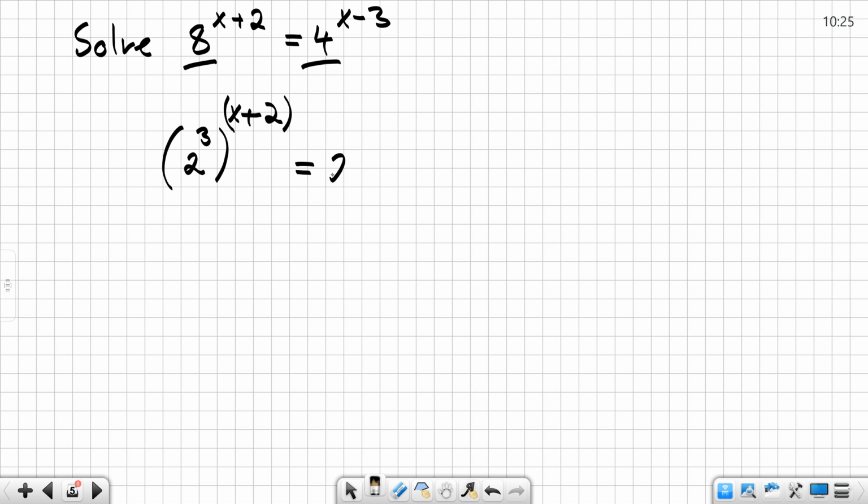The number 4 is the same thing as 2 raised to the second, raise all of this to the x minus 3. Do you notice that I have placed parentheses around my exponents? This is a precaution so that I do not mess up in my next step.